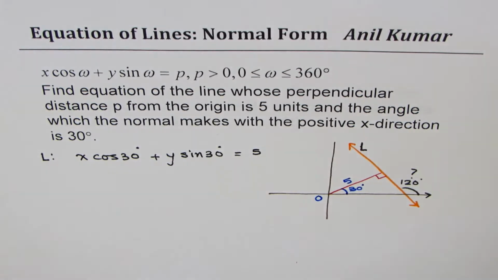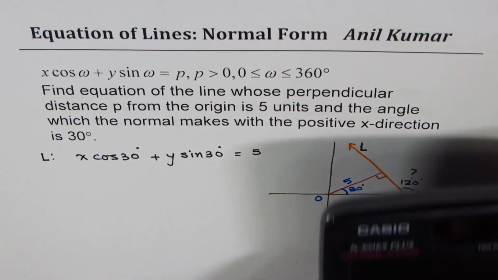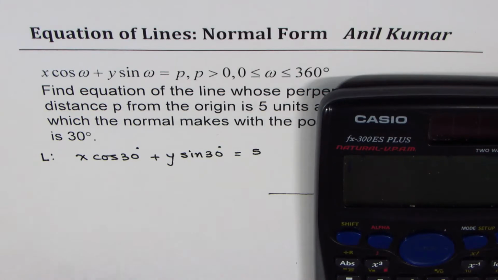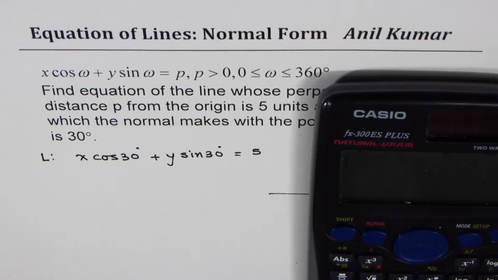We are so used to seeing lines in standard form, so you could actually take a calculator, find what cos 30 degrees is. You could also use special triangles in this case. Cos 30 degrees is square root 3 over 2.